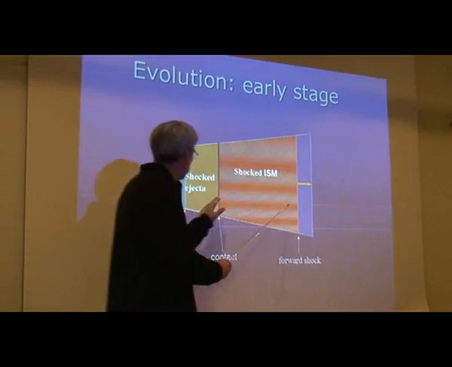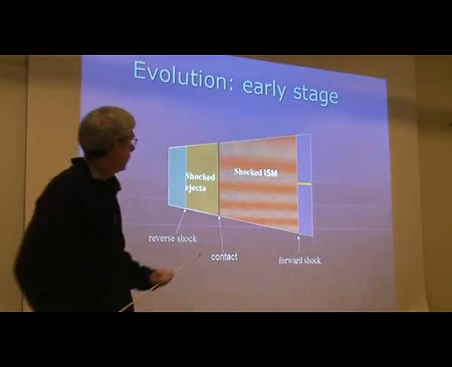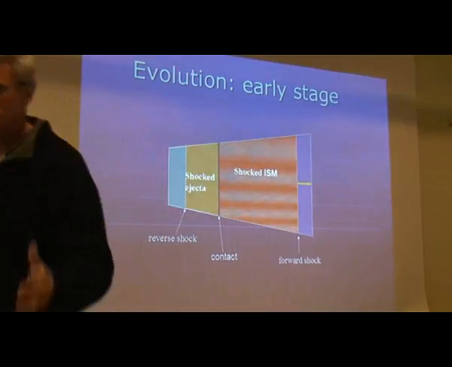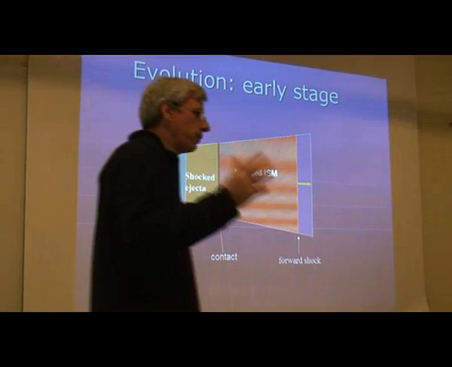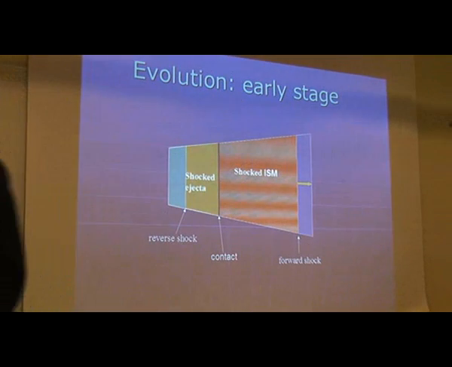So at some point most of the energy is in the shocked ISM, and then you can forget about the contact and everything. Then the common wisdom is that it runs into the so-called Blandford-McKee decay phase. It's a very clean and simple system, and I'll question that.